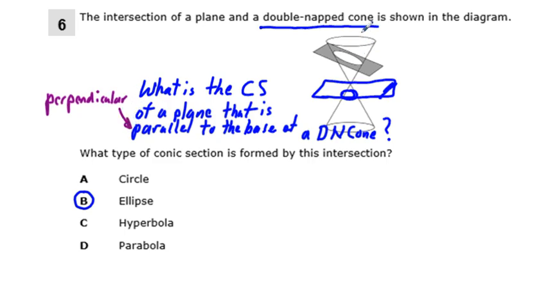Well, a perpendicular plane will look something like this when it intersects the cone, and will cut out, when you look at it sideways, a hyperbola. And so you just have to be mindful of what you could possibly be asked. So this is a very easy question. It will take less than half a minute at most.